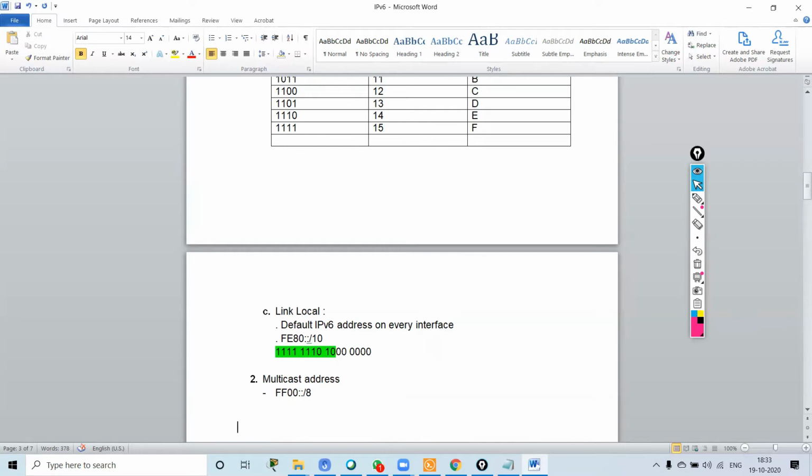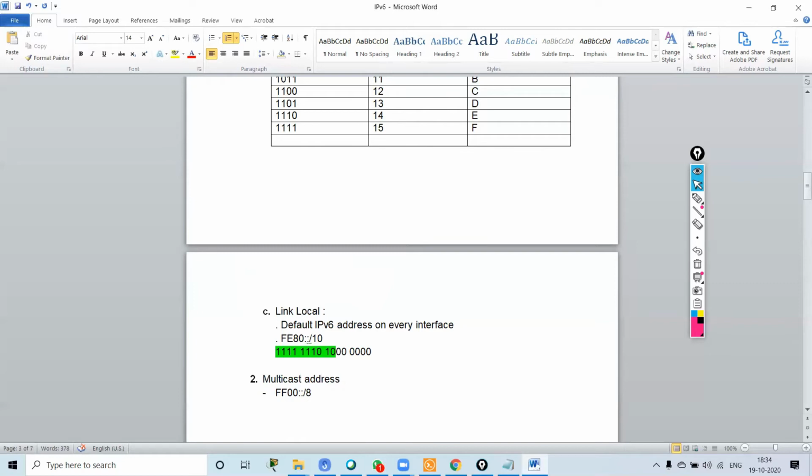And remember this thing. Multicast addresses, like the multicast addresses we were having in IP version 4 for different protocols. OSPF was having multicast address 224.0.0.5 and 6. EIGRP was also having multicast address. RIP was also having multicast address.